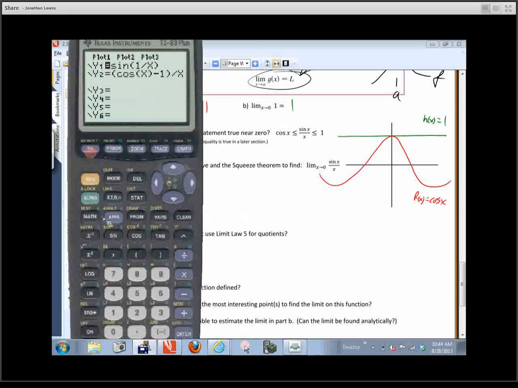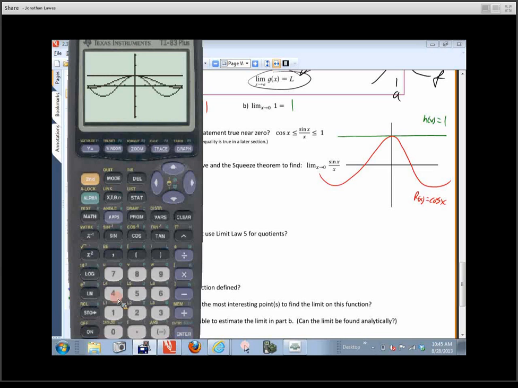So I'm going to put in cosine of x. Then I'm going to put in sine of x divided by x. And then I'm going to do this one, 1. And I'm going to hit zoom. Okay, so there's cosine. There's that sine of x over x.